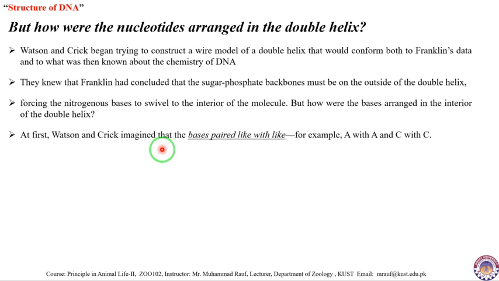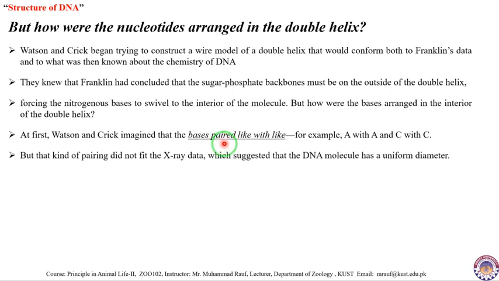But what is the arrangement of the bases in the inner region? At first Watson and Crick imagined that the bases paired like with like. It was their opinion before observing the X-ray crystallographic image. They thought that the purines form bond with purines and the pyrimidines form bond with pyrimidines.